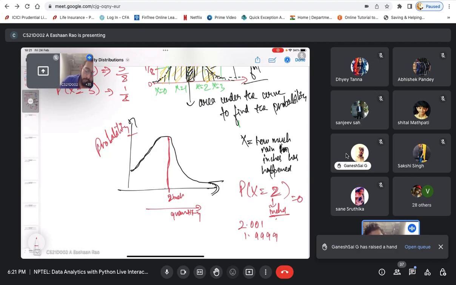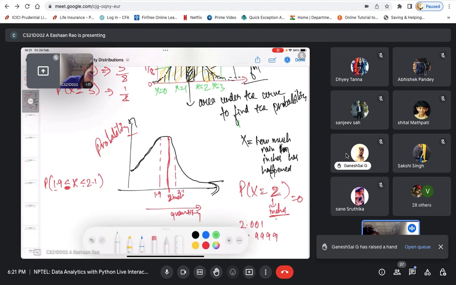So what they usually propose is that you take an interval in between. If you want to identify the probability that 2 inches of rain has happened, you put a probability like x between 1.9 and 2.1, something like that. You keep the interval of 1.9 inches to 2.1 inches and calculate the area under this interval.